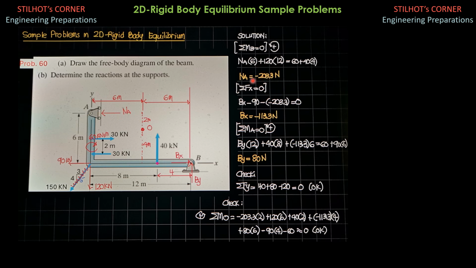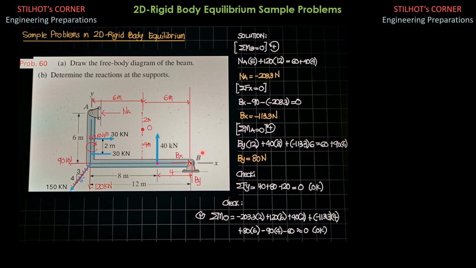So you copy the original value of NA, including the sign, because it is still leftward, and that is retained, equals 0. So solving for BX, it is positive 90. This becomes positive here. If transposed to the right, it becomes negative. So 90 minus 203.3 is equal to negative 113.3 kilonewtons.